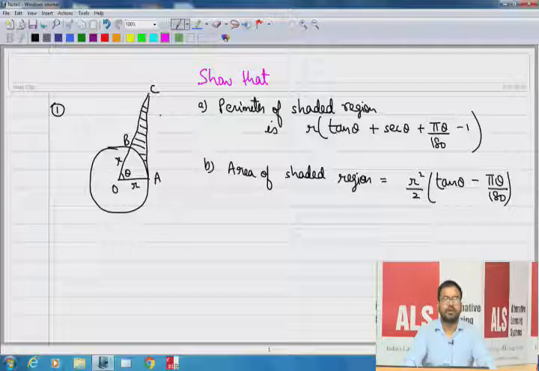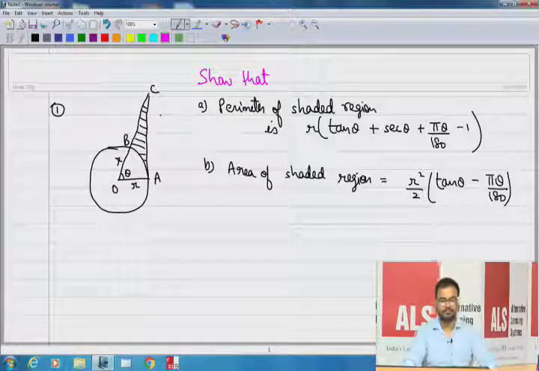Tetso College, are you able to do this question or you need any help? Senapati, good evening Senapati. Try this question, a very good question for the area related to circle.